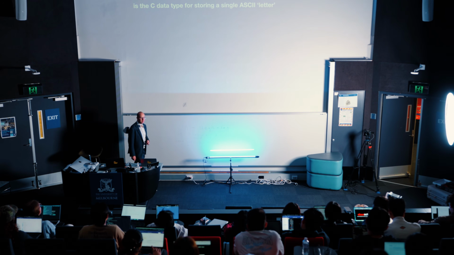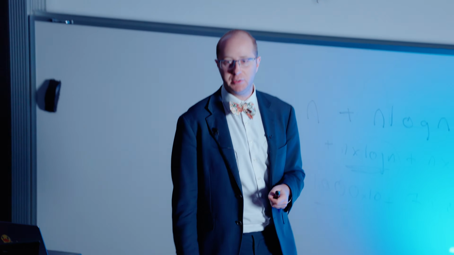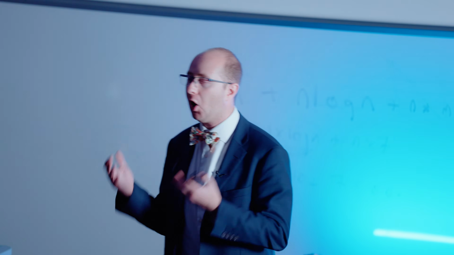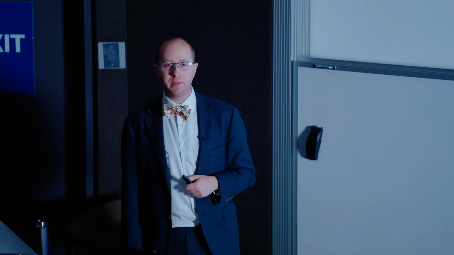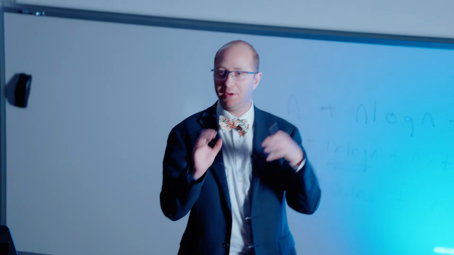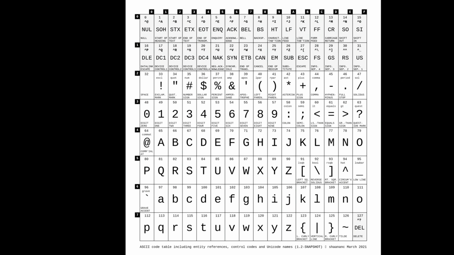And in C, the type of variable that can hold a single character is called char, short for character. And this is the complete chart of the mapping between numbers that are stored inside your computer in binary or in hex or in whatever, and the ASCII character that they represent.